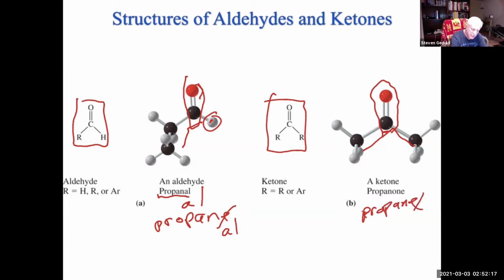You drop the E and add ONE for a ketone. So for an aldehyde, you drop the E and add AL. For a ketone, you drop the E and add ONE. If it's an AL ending, it's an aldehyde. If it's an ONE ending, it is a ketone.